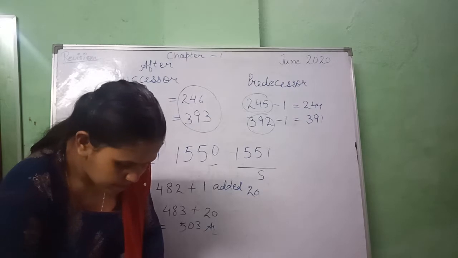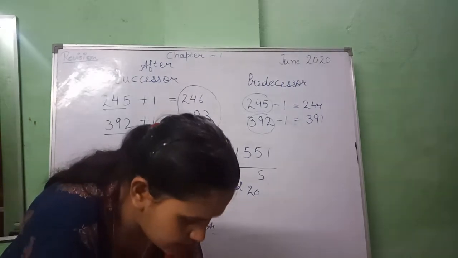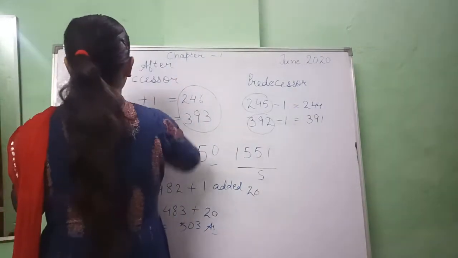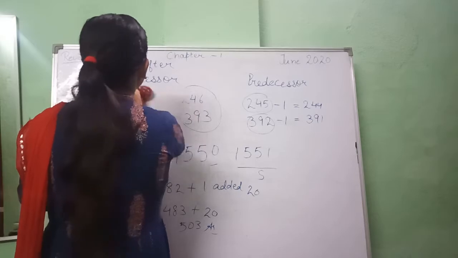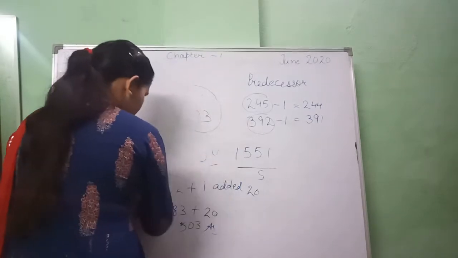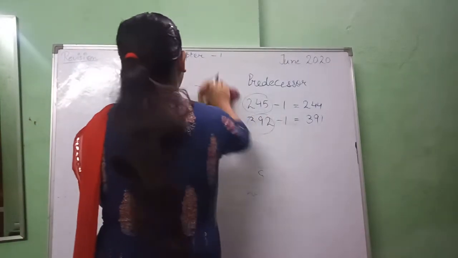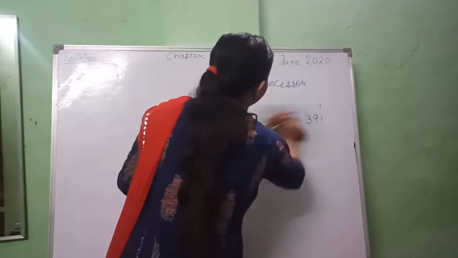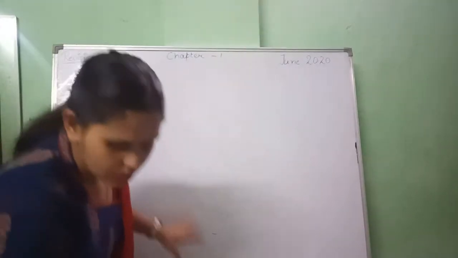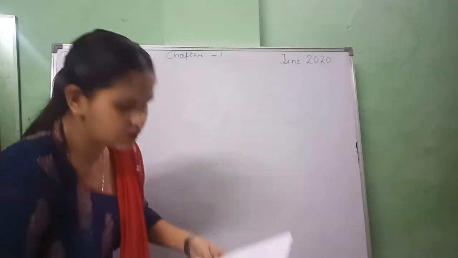So let's move further to odd and even numbers, right? In the first video I gave some adding sums, that which one is called an even number and which one is called an odd number. So you can come here to page number 20.